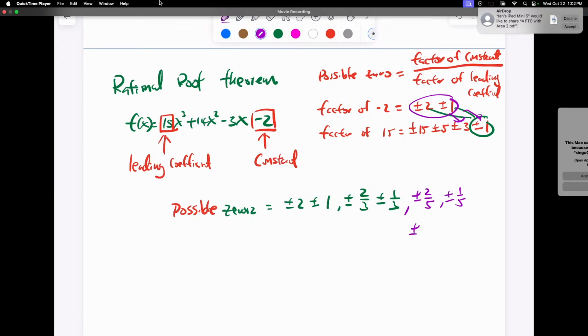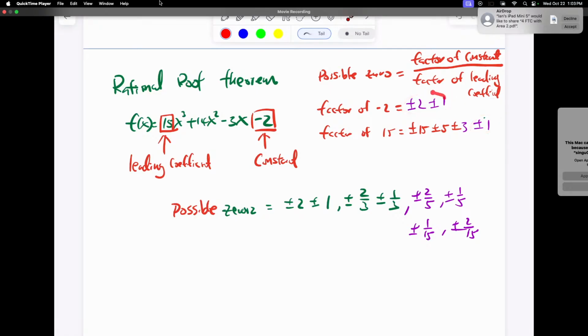And lastly, plus minus 1/15 and 2/15. Basically, I have plus minus 2 and plus minus 1 here, and plus minus 3 and plus minus 1 there. I'm going to take this 2 divided by this one to produce 2 possible zeros.